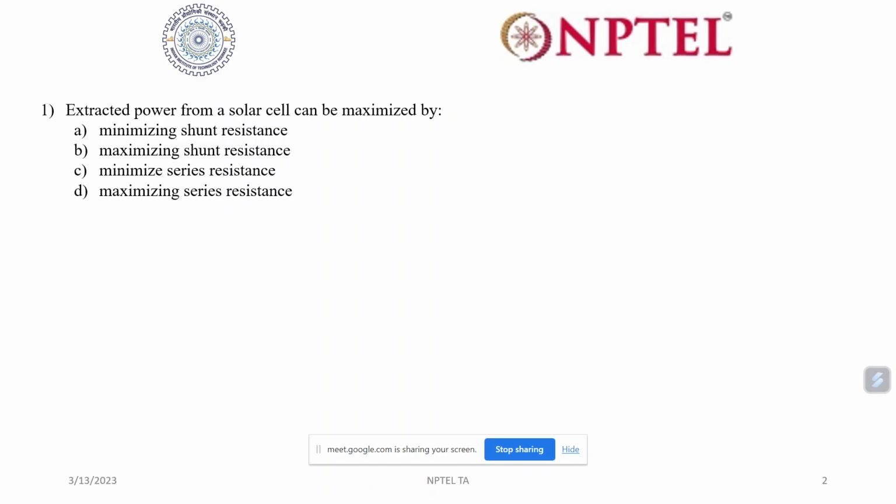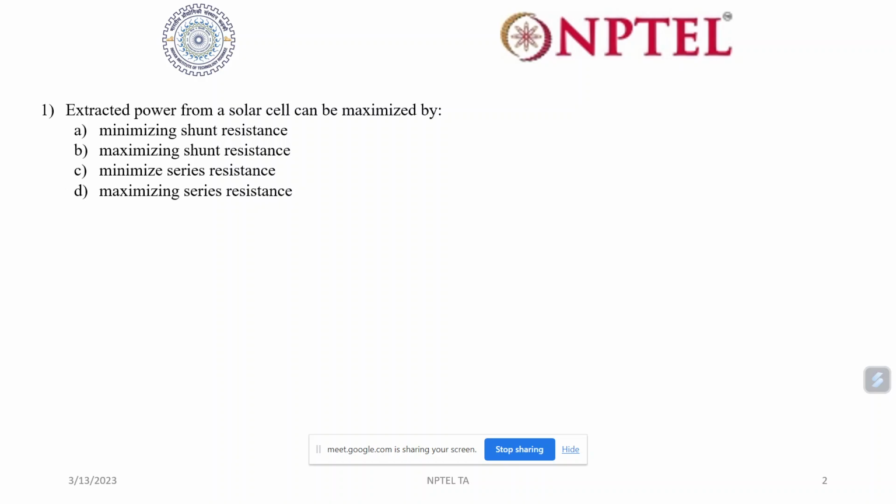Sir, if we minimize the series resistance, then VOC will not drop. The maximum power extracted is given by the formula VOC into ISC into fill factor divided by power input. The power input is fixed.